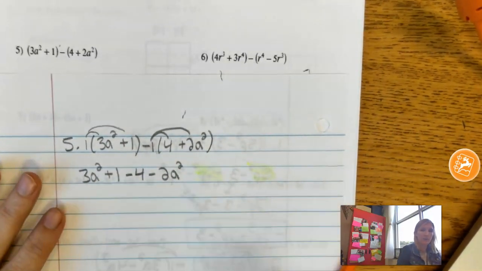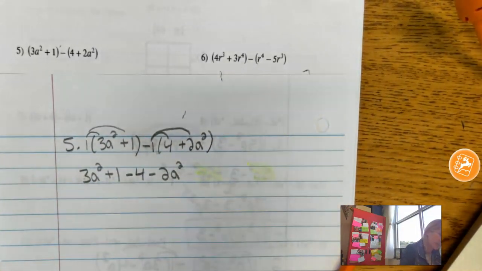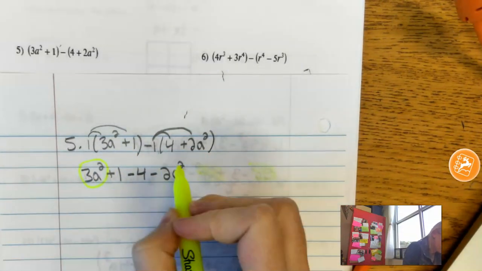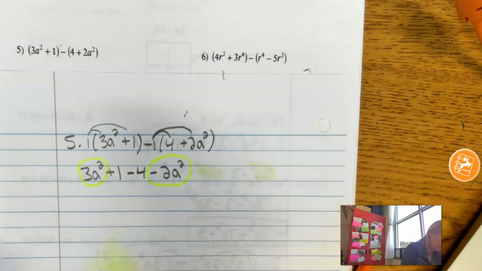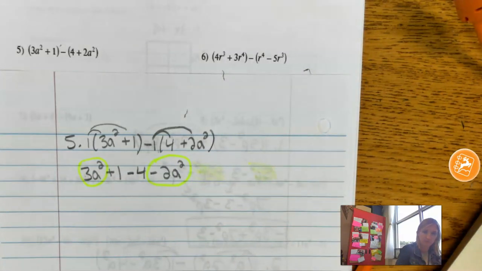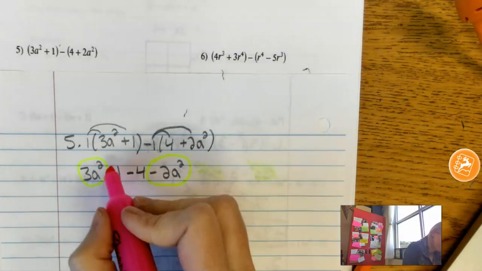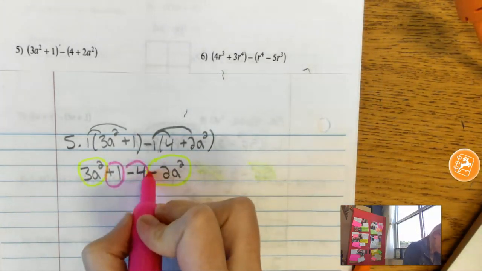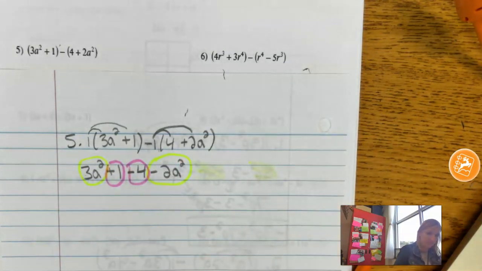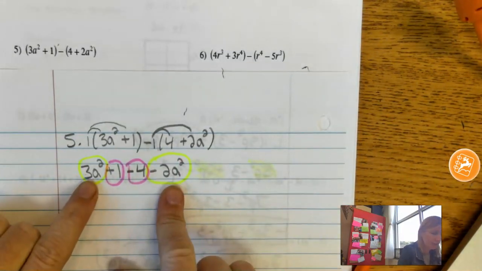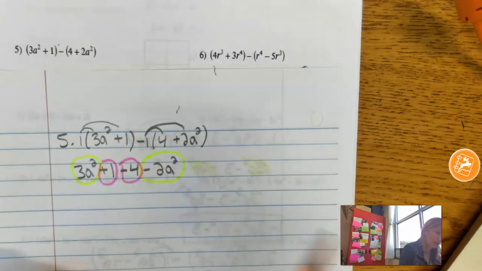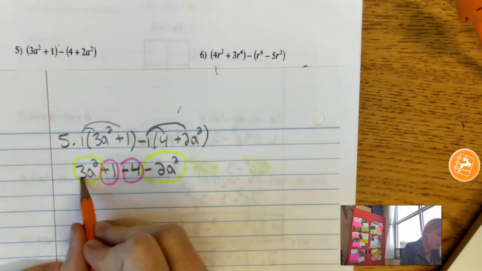All right, now that I distributed, let's identify like terms. These two are like terms because they have the same letter raised to the same power. So all I'm going to do is combine the coefficients.